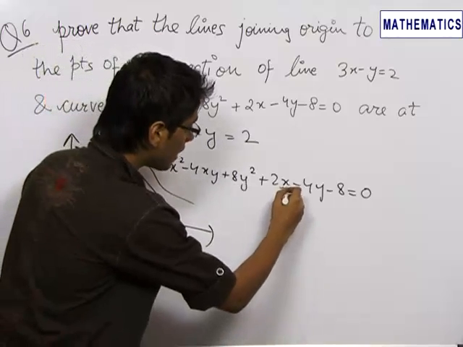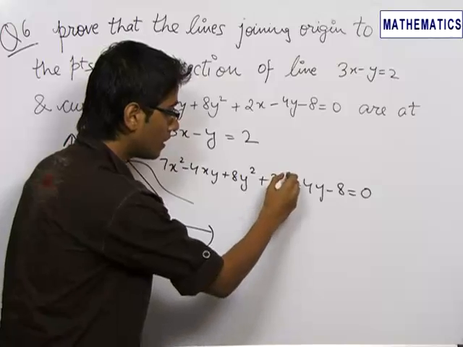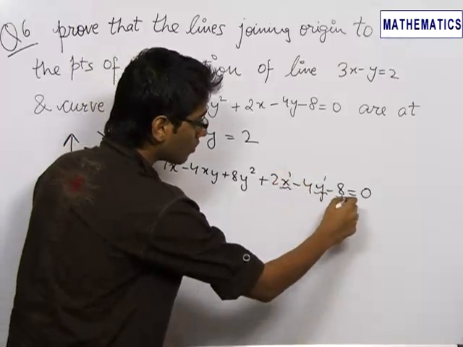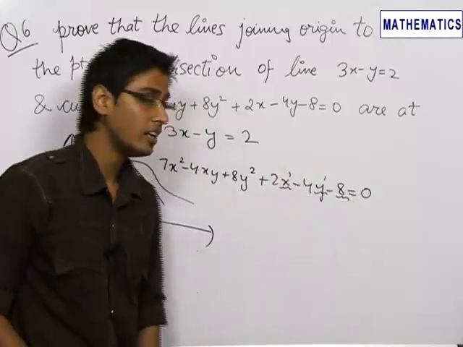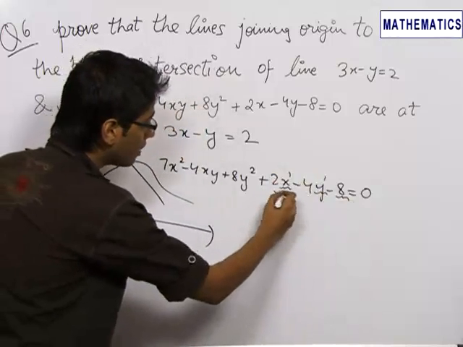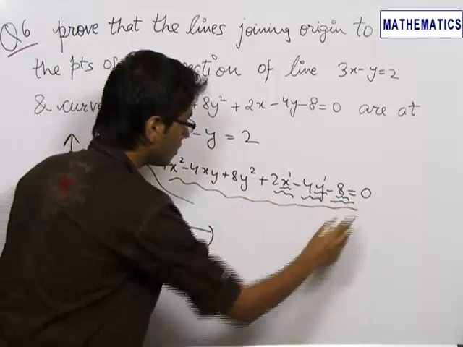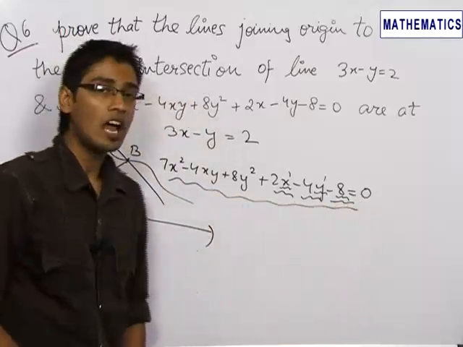But here we can see x term which is having only 1 degree, there is a y term which is also having a 1 degree, and there is a constant which is not having any degree. So we try to provide degrees to all these three terms in order to make this whole equation homogenized or having the same degree.